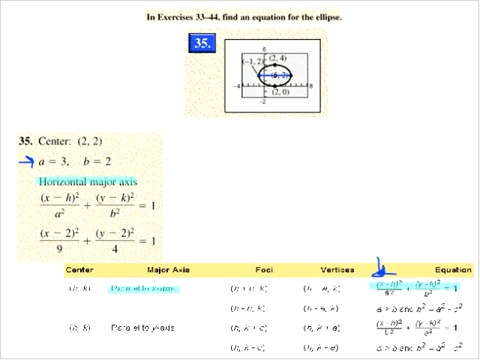And b is half the length of your minor axis. So half the length of that blue highlighted portion is our 2. So plugging this information in, we'll get x minus 2 squared over 3 squared, which is 9, plus y minus 2 squared over 2 squared, which is 4, equals 1.